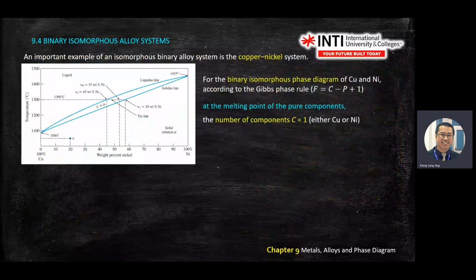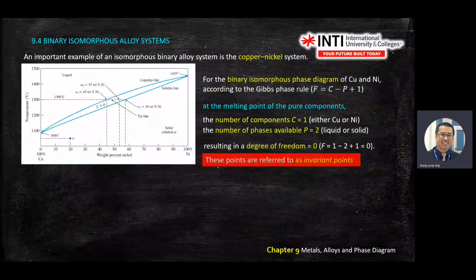Here is 100% copper. Here is 100% nickel. So at this point, you only have one component. So the number of phases here is either liquid or solid. Then degree of freedom will be 0. So at this point, zero freedom.